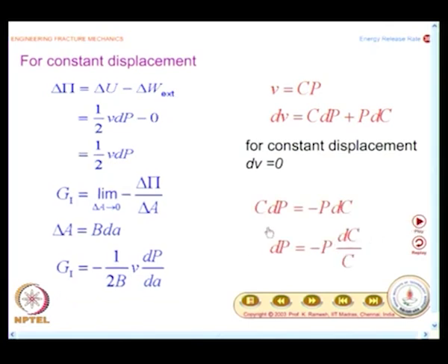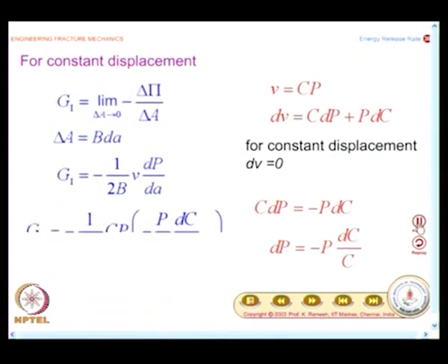So, what I have is, when I put dV equal to 0, I get C dP equal to minus P dC. So, dP becomes minus P times dC by C. So, when I substitute it in this expression, I get the final expression as G1 equal to P squared by 2B dC by dA.